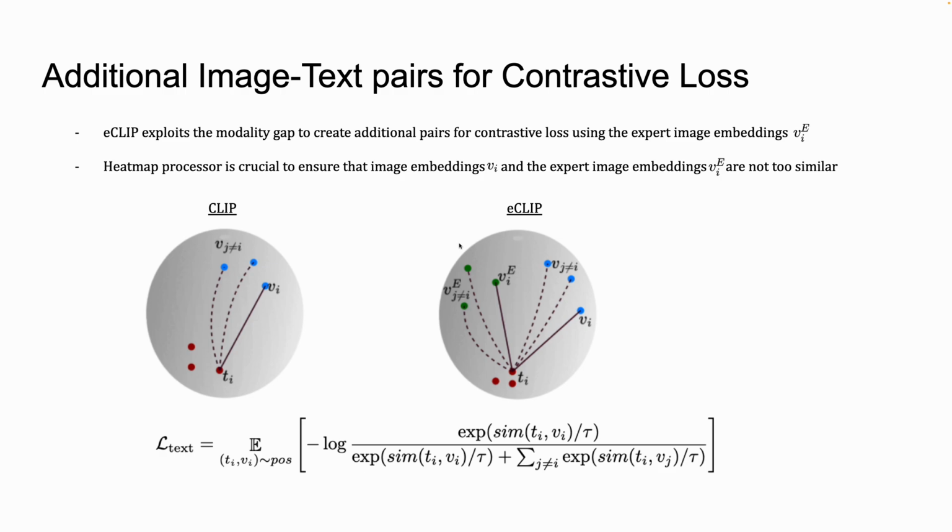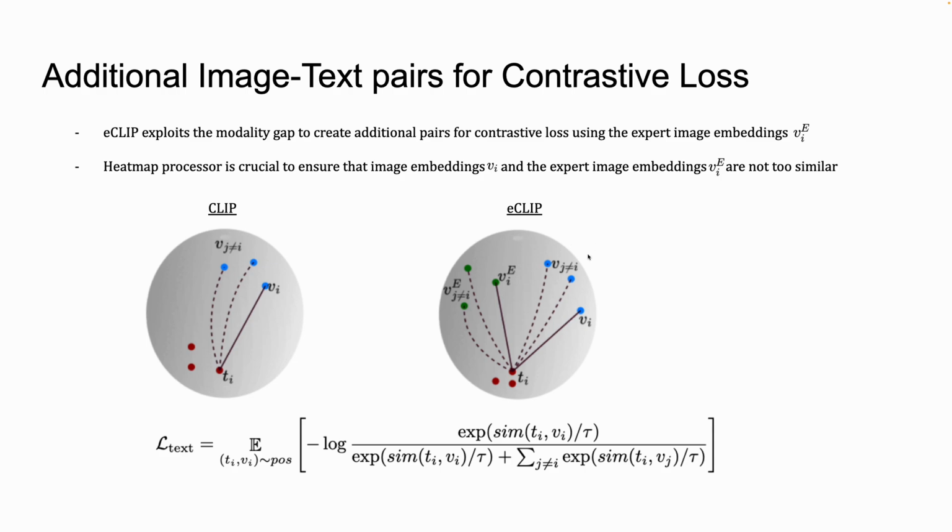So essentially what we're trying to do is to create an additional modality, and then we utilize the modality gap to create additional pairs for the contrastive loss. If you look at a typical CLIP model and say we have three different pairs, we obtain one positive pair, and for each positive pair, we obtain two negative pairs.